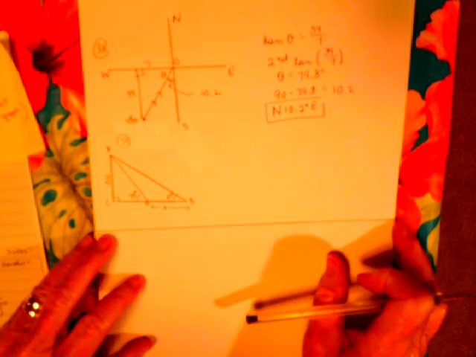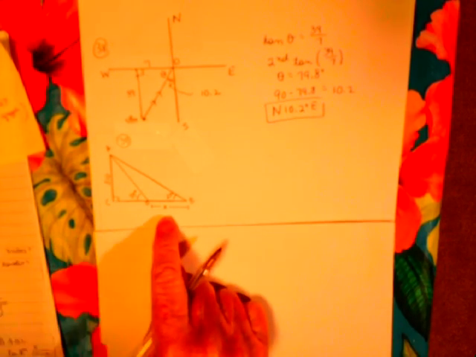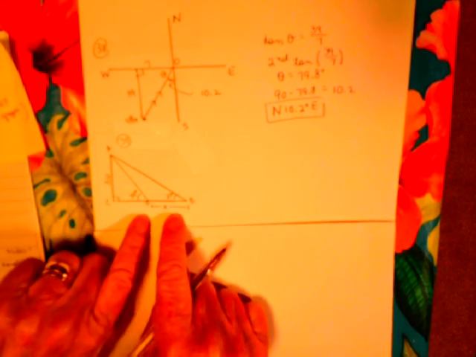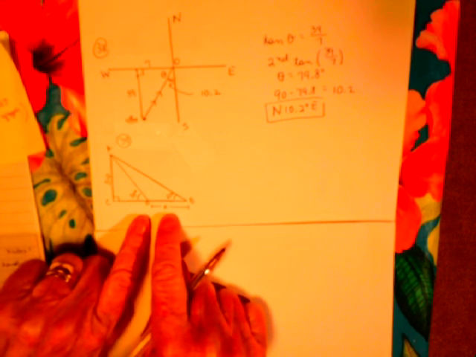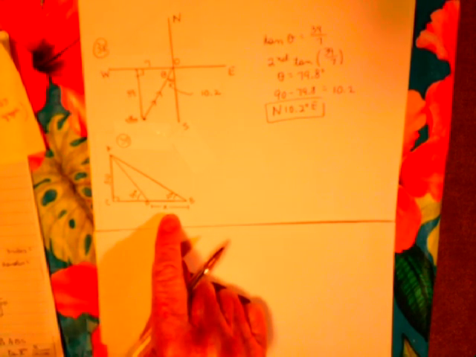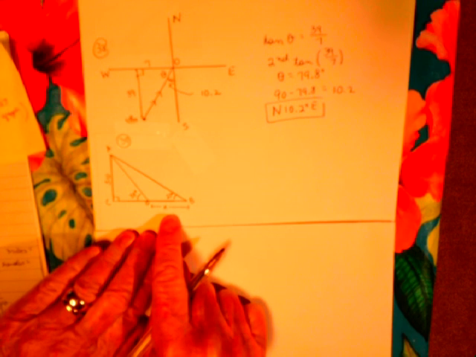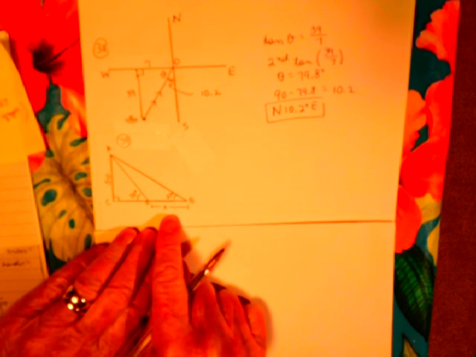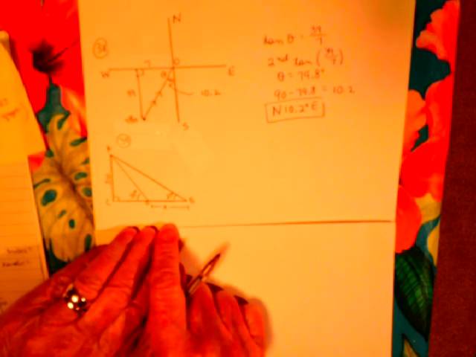Number 39 is on the front page of this handout. You see this triangle drawn? I'm asking you to find the length of line segment BD, which is labeled as X. Look at that and think about it a minute.